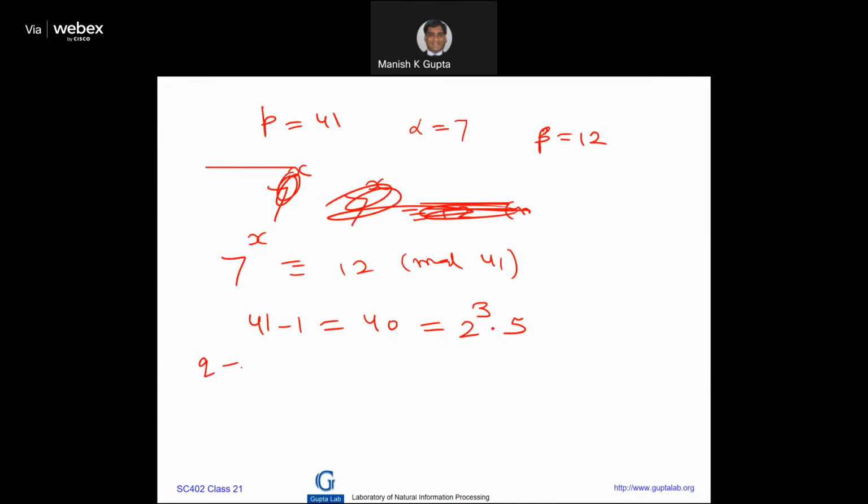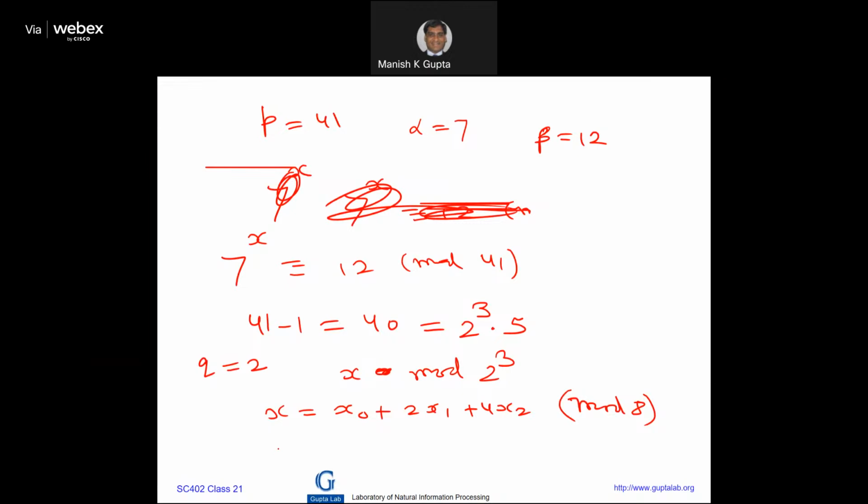Now let q be equal to 2. We are going to find x modulo 2 cubed. We can write x as x0 plus 2x1 plus 4x2 mod 8.